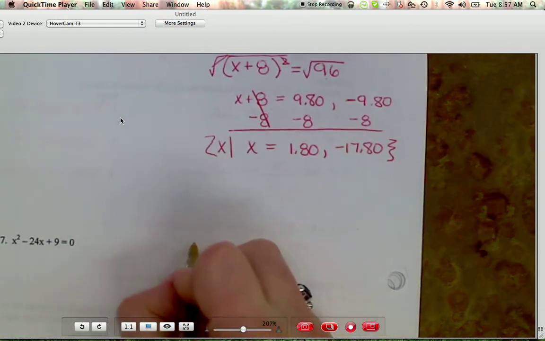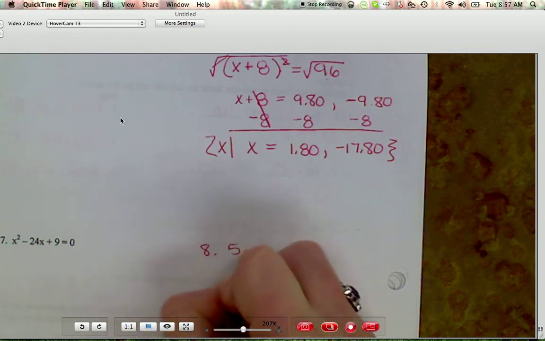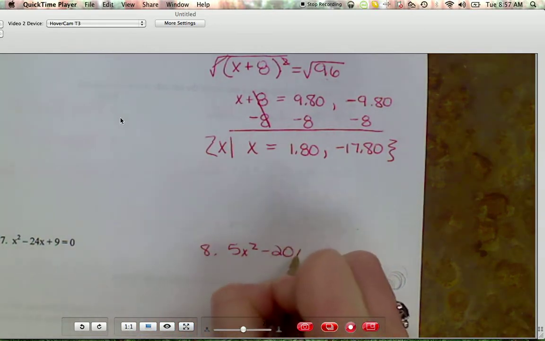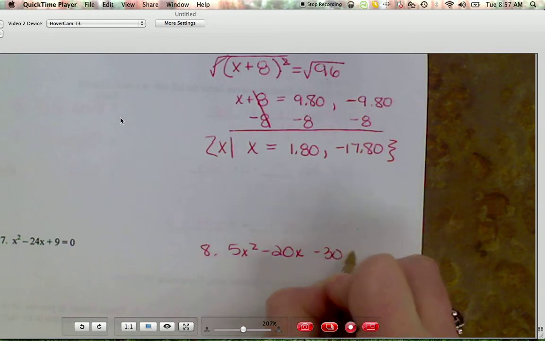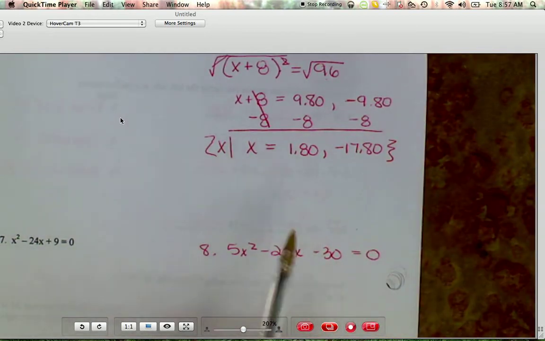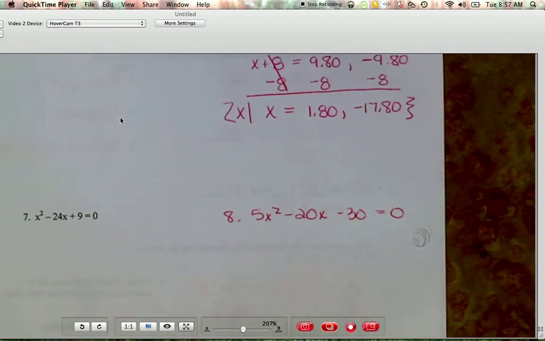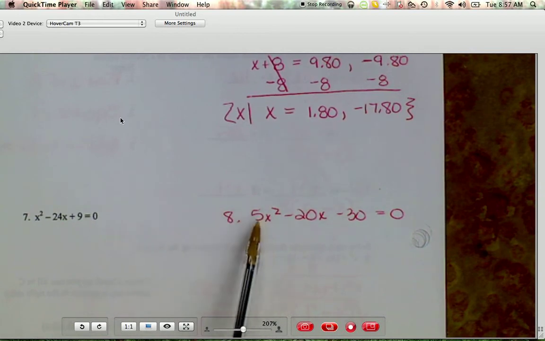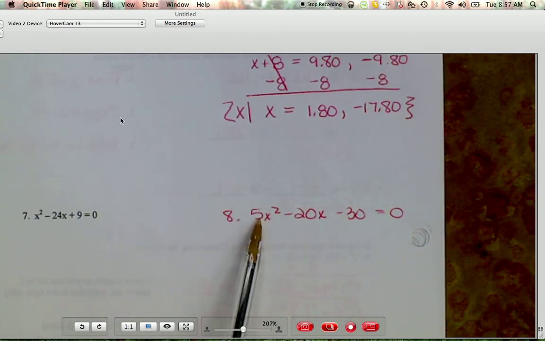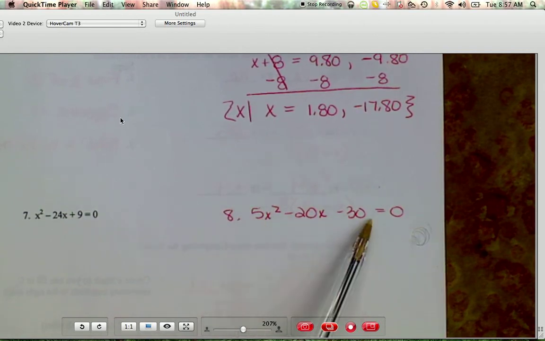Final thing I want to say here, let's suppose you have a problem that looks like this. Completing the square gets very difficult if a is not equal to 1. So if you have a problem that you are asked to use completing the square and a does not equal 1, you want to get rid of that 5, but you can't just throw it out.